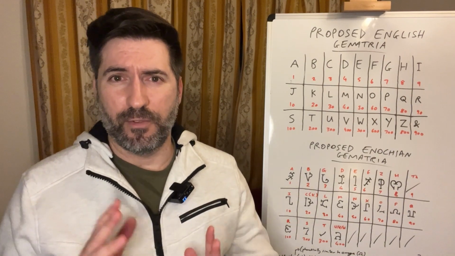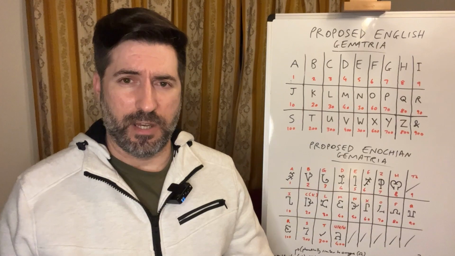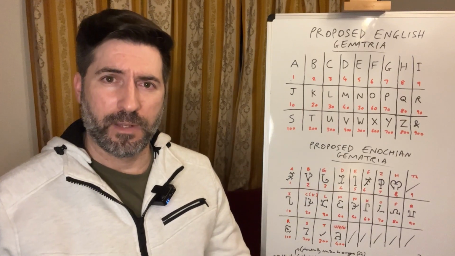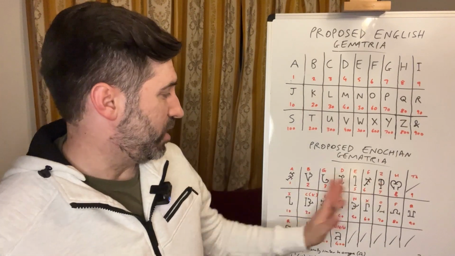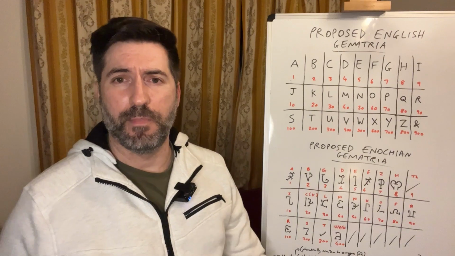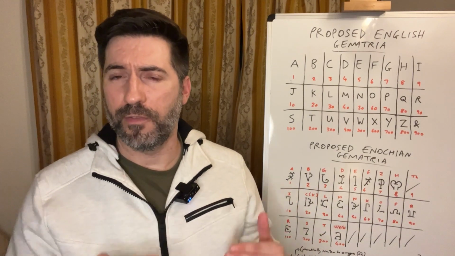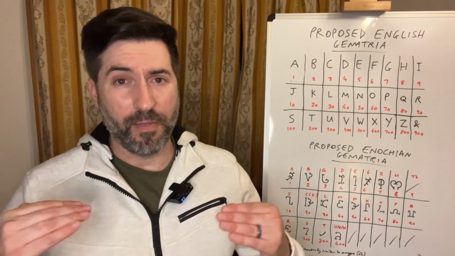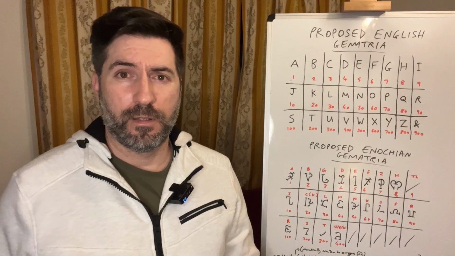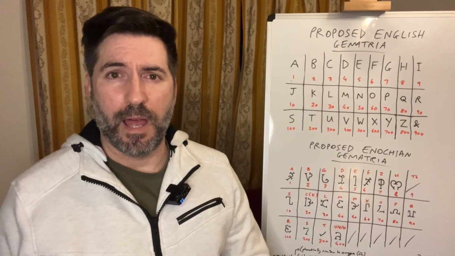As I studied the structure of the Enochian alphabet, and I rearranged the order of the letters to be more like the order that the letters appear in Greek and Hebrew rather than in English, I started to notice some interesting patterns.